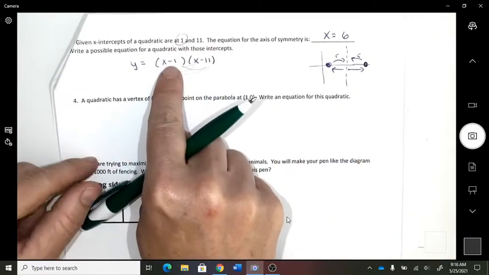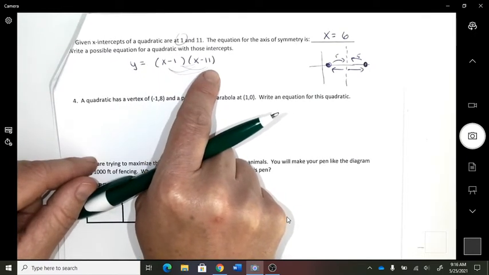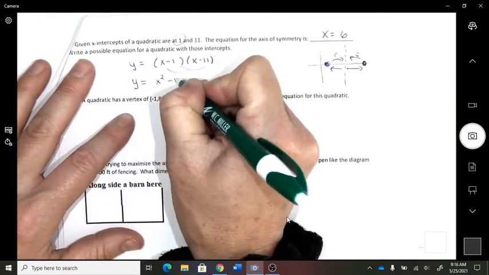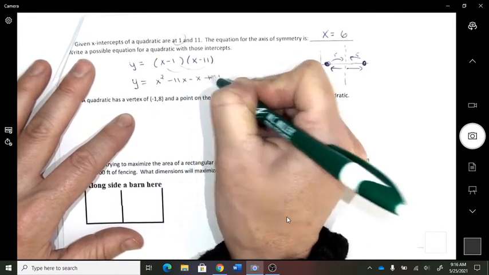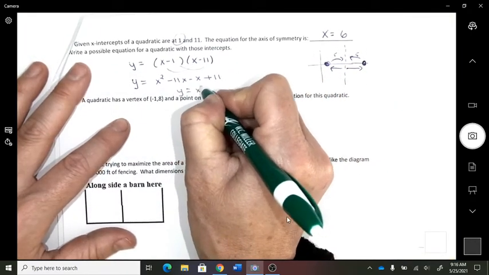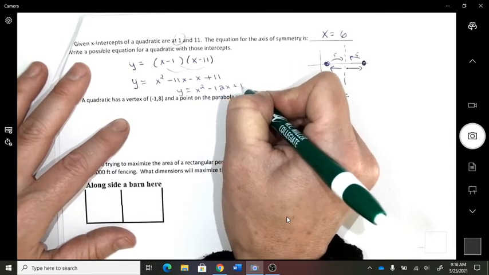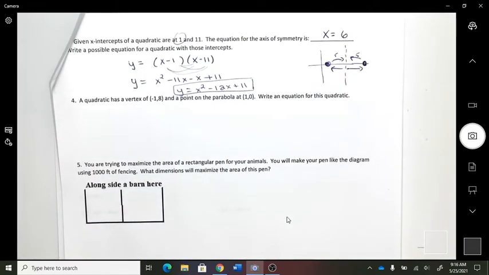Because I need a positive 1 to work in this bracket and a positive 11 to work in that bracket. Okay, so x squared, subtract 11x, subtract 1x, plus 11. So now that would be in general form.